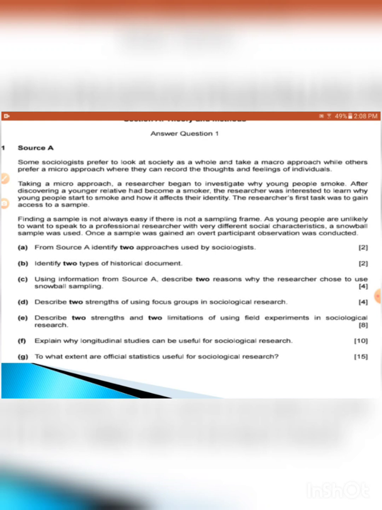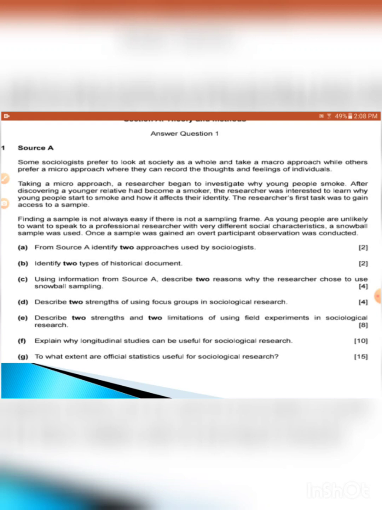Then moving on to the second para: taking a micro approach, a researcher began to investigate why young people smoke. After discovering a younger relative had become a smoker, the researcher was interested to learn why young people start to smoke and how it affects their identity. The researcher's first task was to gain access to a sample.